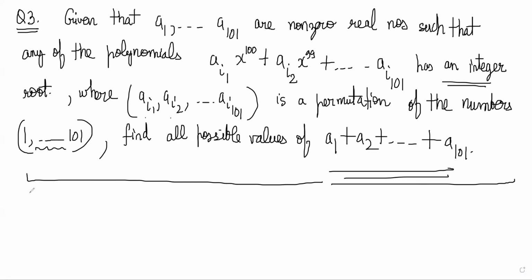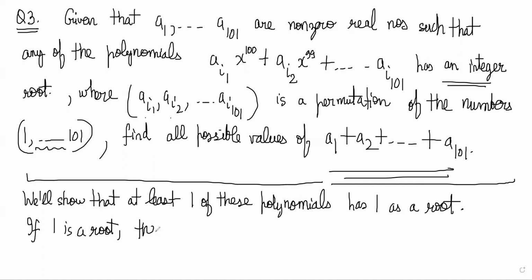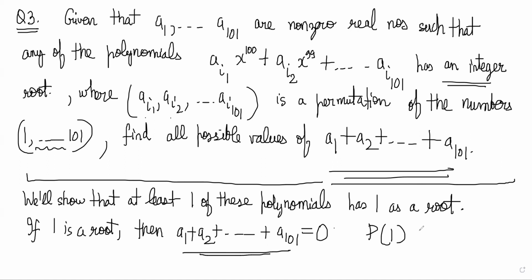We will show that at least one of these polynomials has 1 as a root. What is the benefit of this? If 1 is a root, then a1 plus a2 plus up to a101 will be equal to 0, because p of 1 is 0.